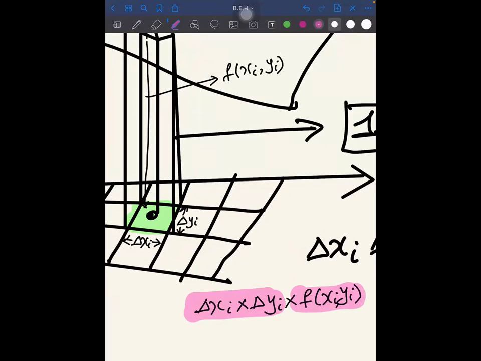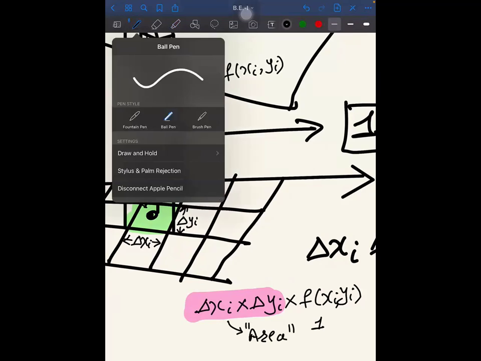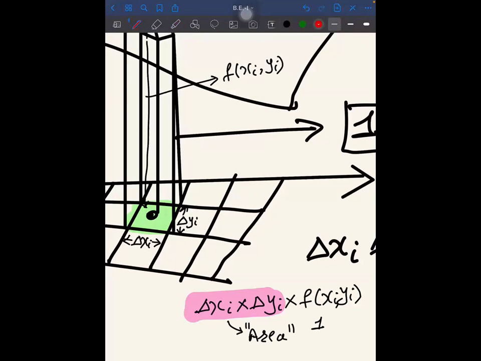But if you take this height to be 1, you are only left with the area of this rectangle.